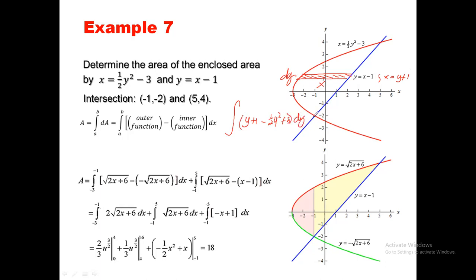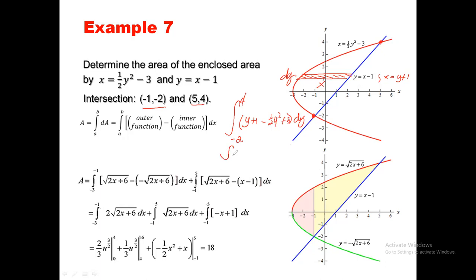You have to determine the y coordinates of the points of intersection. It is already determined here: from y equal to -2 to y equal to 4. The points of intersection are (5, 4) and (-1, -2).